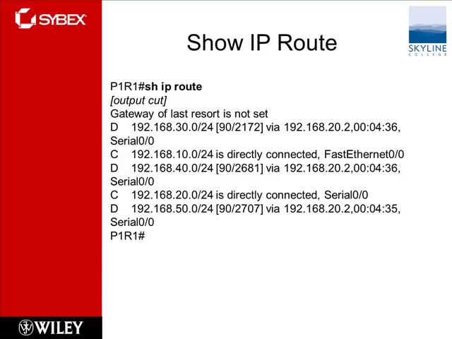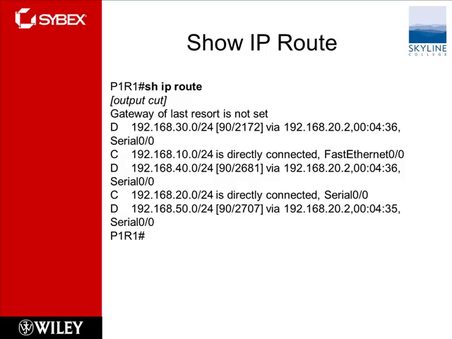The show IP route, again, D is going to be EIGRP. EIGRP routes 90, and then the metric 2172. Directly connected says directly connected, and the administrative distance is going to be 0 for this one.